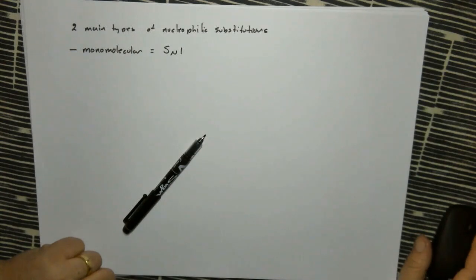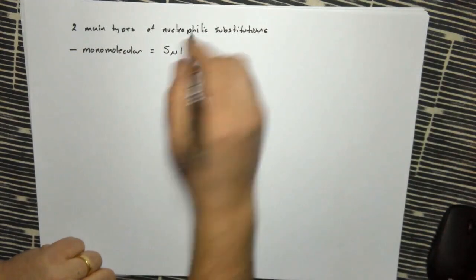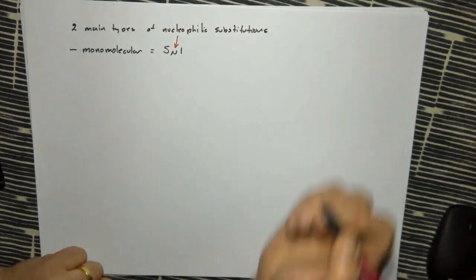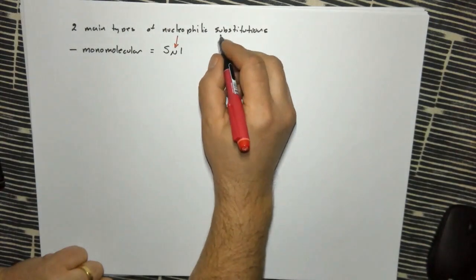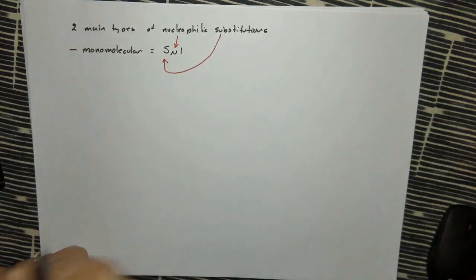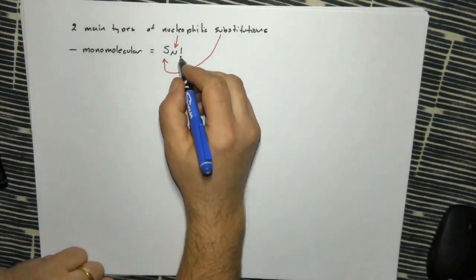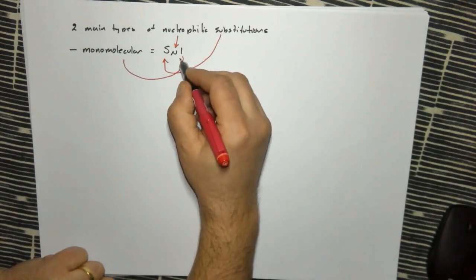Why it's called SN1 is because the nucleophilic is the N part, the substitution is the S, and the monomolecular is then the 1.